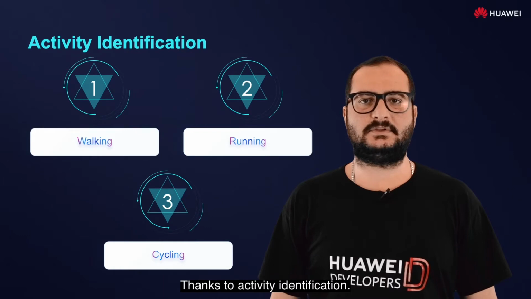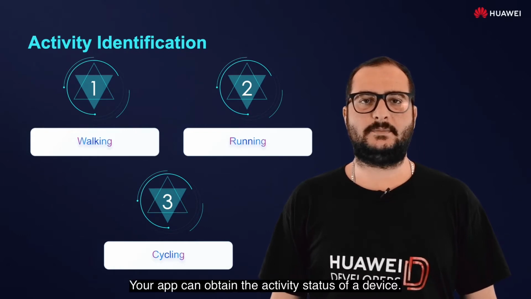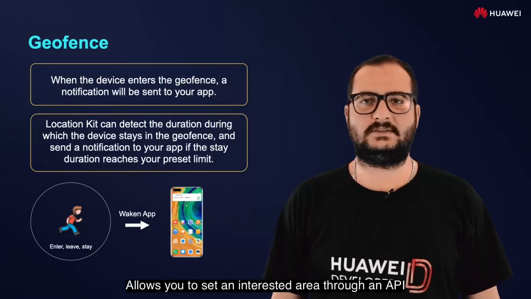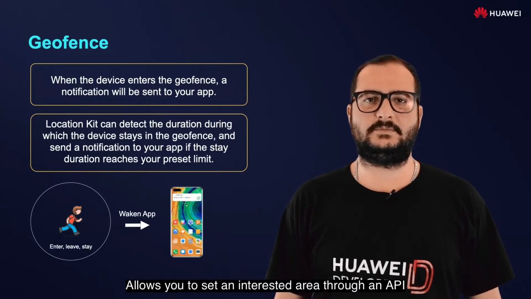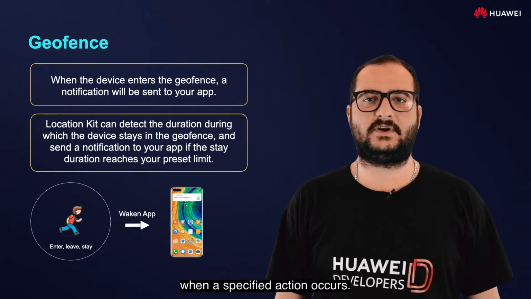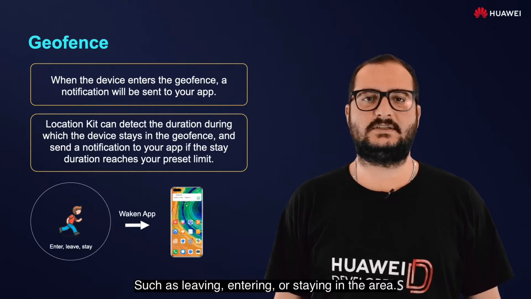Thanks to activity identification, your app can obtain the activity status of a device, such as walking, running, or cycling. Geofence allows you to set an interested area through an API so that your app can receive a notification when a specified action occurs, such as leaving, entering, or staying in the area.